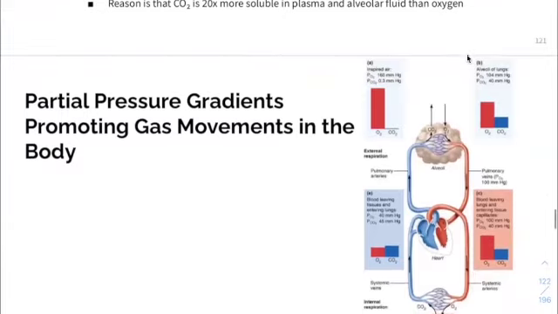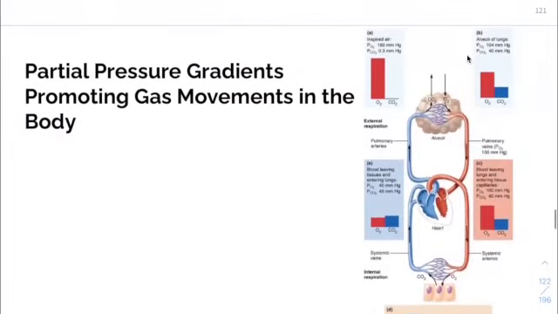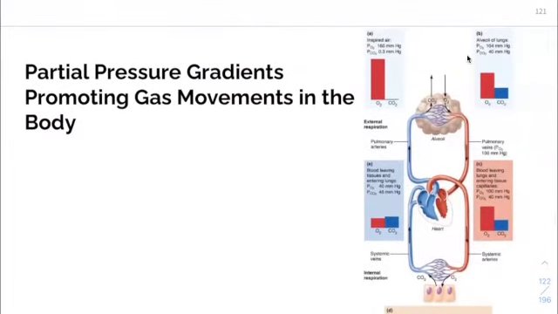So here is the picture from your book. It shows the different pressure gradients within the blood for oxygen and carbon dioxide within our alveoli in the lungs, within the air that we breathe in, the blood that's leaving the lungs, as well as in the tissues.